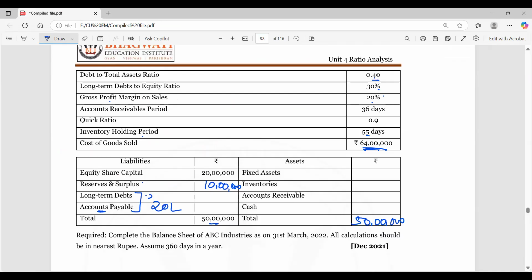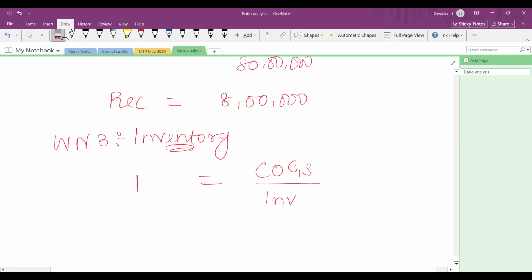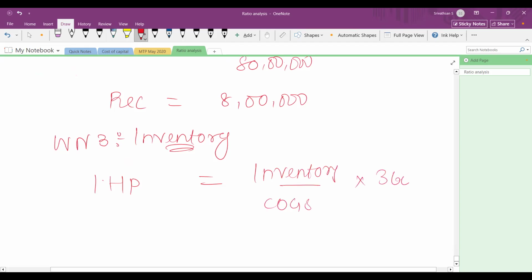Oh, sorry. This is not turnover. The formula will be inventory by COGS into 360. Inventory holding period is equal to inventory by COGS into 360.